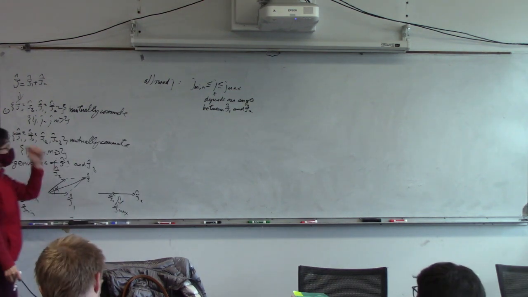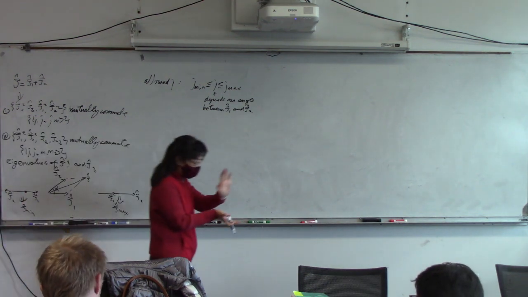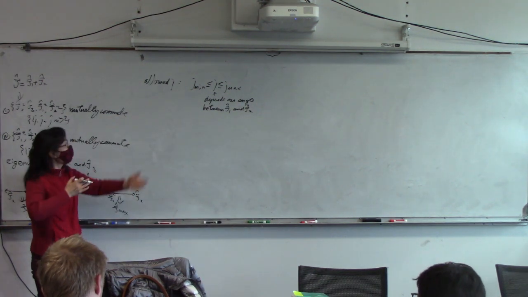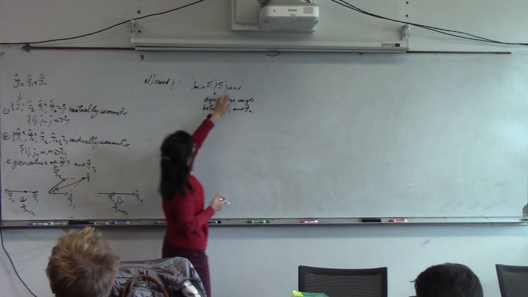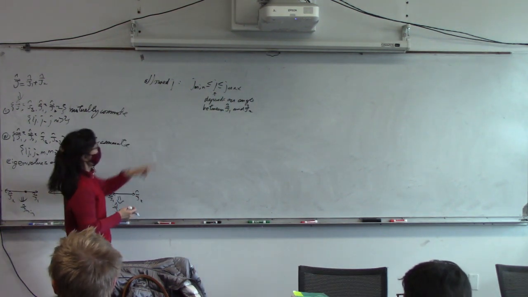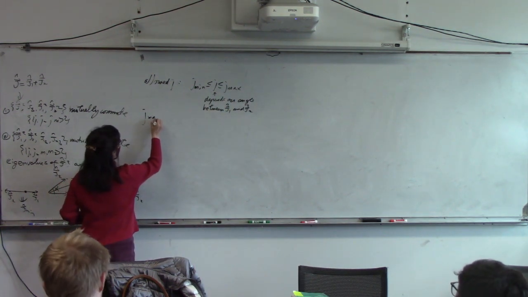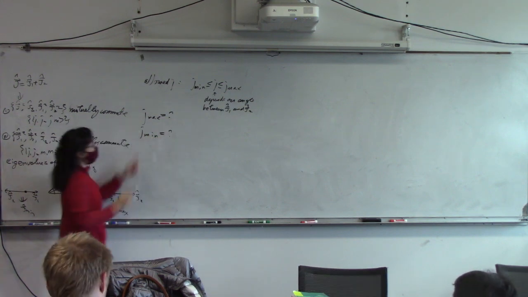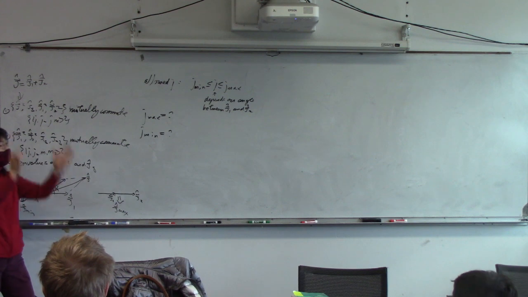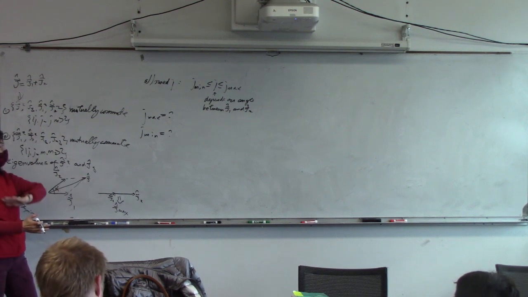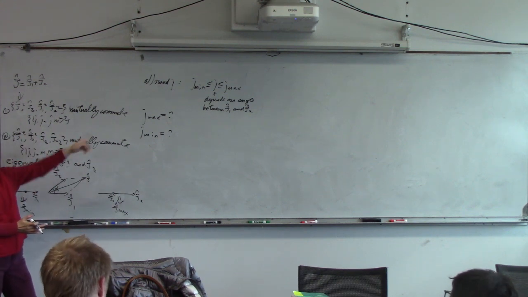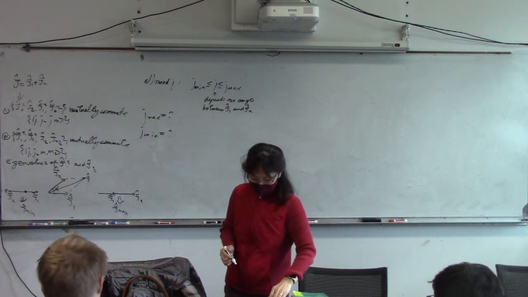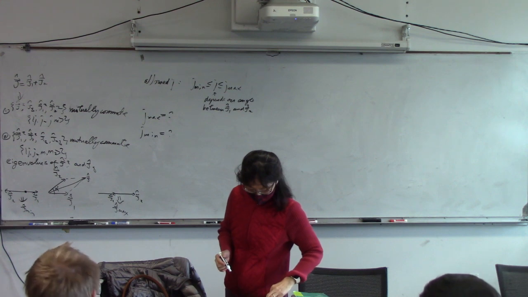So now, we know for given J1, J2, there is not only one possible J value, it is a group. It's between the maximum value and the minimum value. So once given J1, J2, all the allowed J values are within these two. So now our next job is to find how to determine J maximum and J minimum.